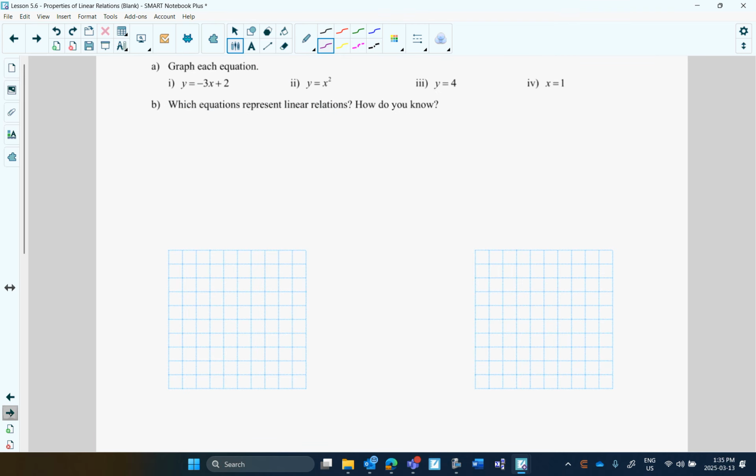Now we're going to do a little bit of graphing. And we're actually going to graph this one last. That one you may tell looks a little different than the other three. So, first one.